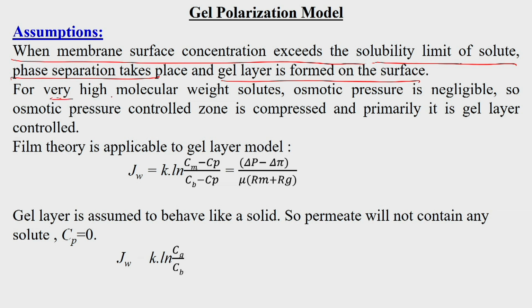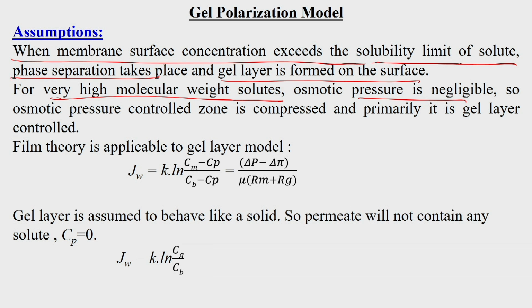For very high molecular weight solutes, osmotic pressure is negligible, because as per the Van't Hoff equation, the molecular weight is in the denominator. So, the osmotic pressure value will be very less. So, the osmotic pressure controlled zone is compressed, and primarily it is gel layer controlled.